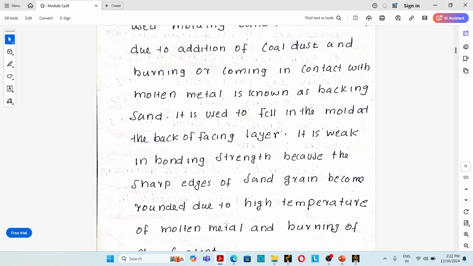So baking sand is old, repeatedly used sand, used below the facing sand for packing or filling purposes.